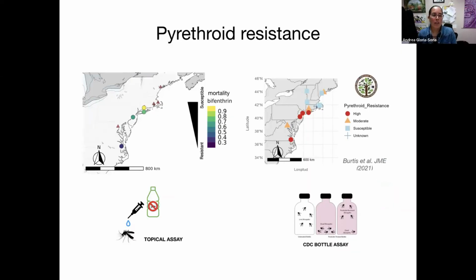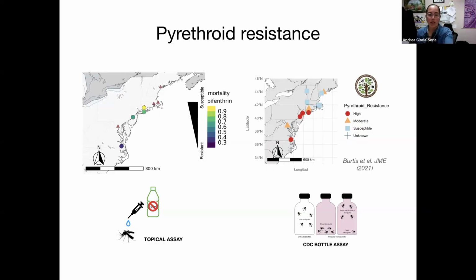Now, we don't have, as I mentioned, a lot of collections done yet for the topical assay, but the trend that we observe in insecticide resistance for pyrethroids recapitulates what was reported by Bertis et al. in 2021 using the CDC bottle bioassay as part of the Northeast Regional Center of Excellence surveillance program.